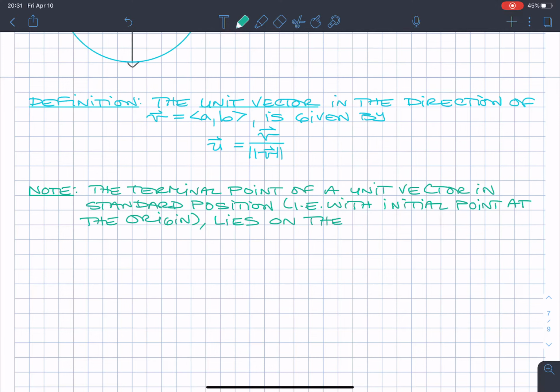Hence, a unit vector on the unit circle S1.